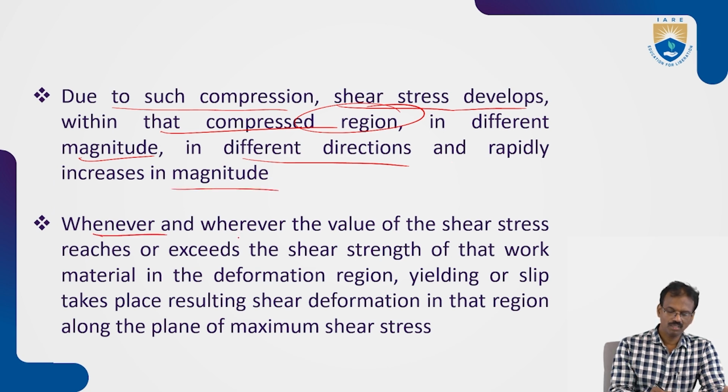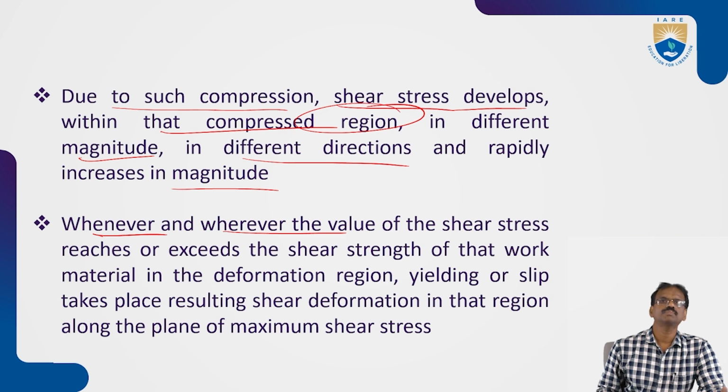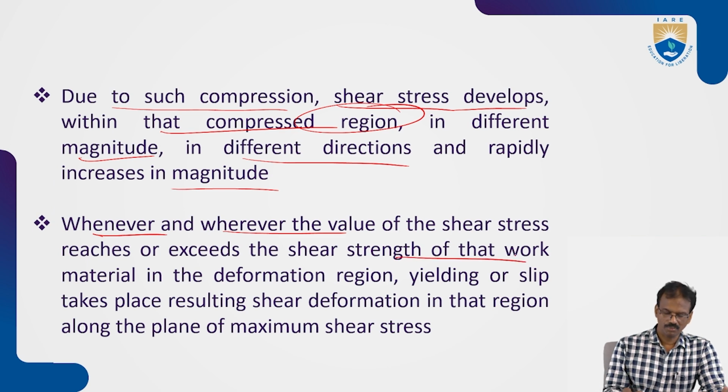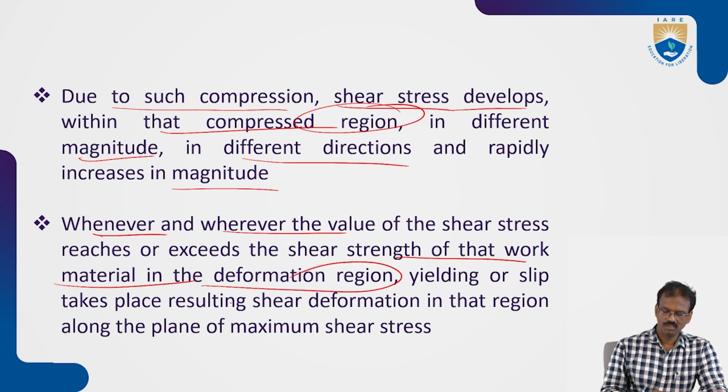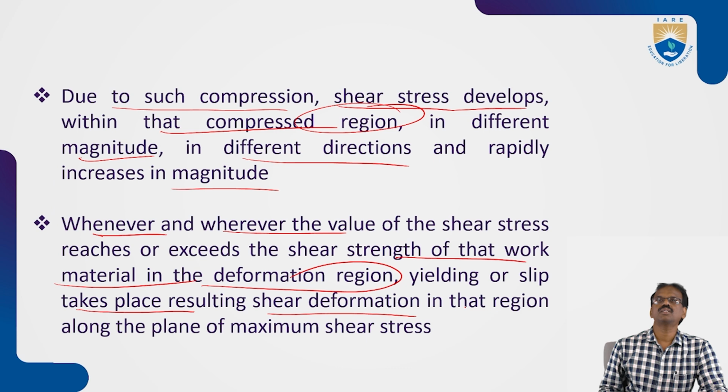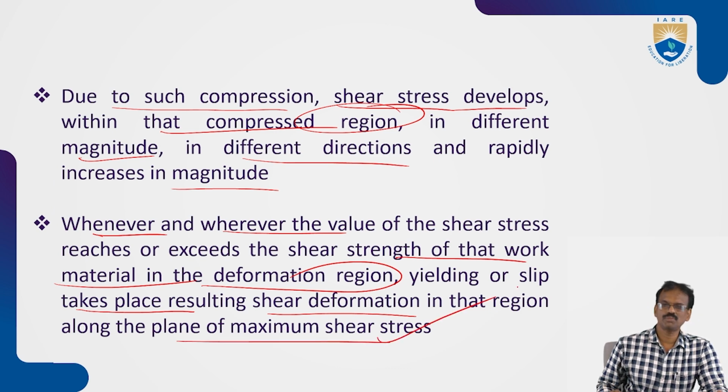Whenever and wherever the value of the shear stress reaches the shear strength of the workpiece material, yielding takes place in the deformation region, resulting automatically in shear deformation along the plane of maximum shear stress.